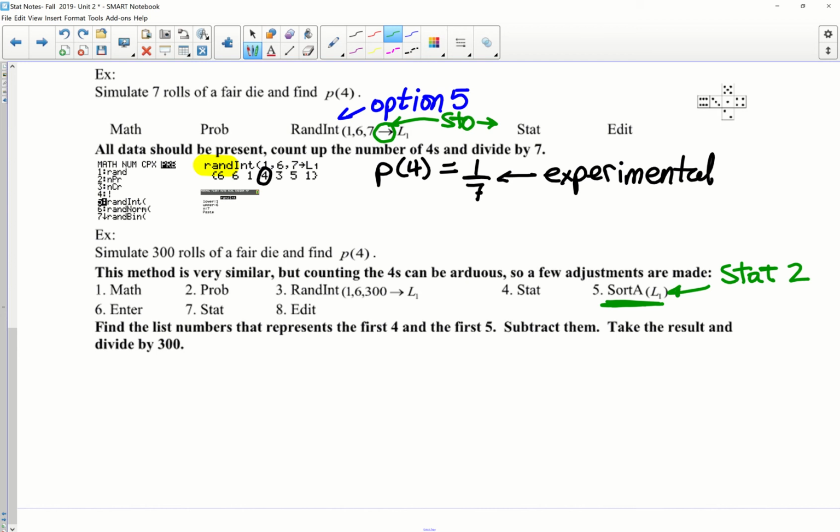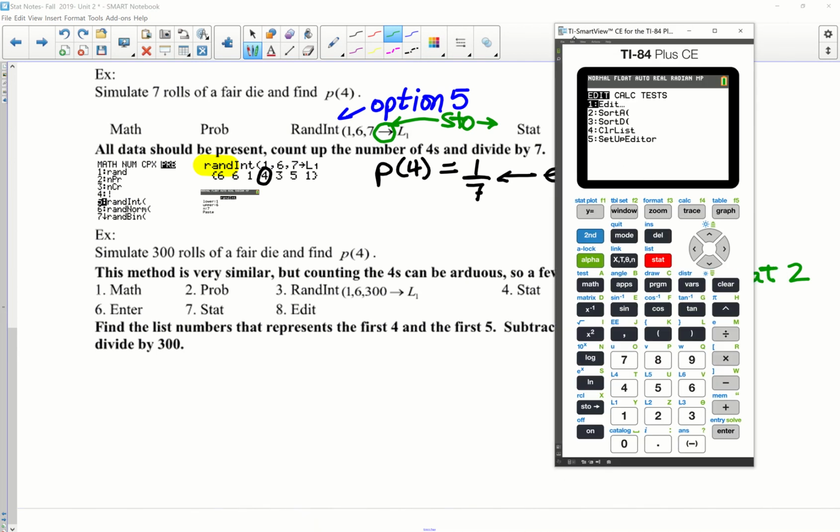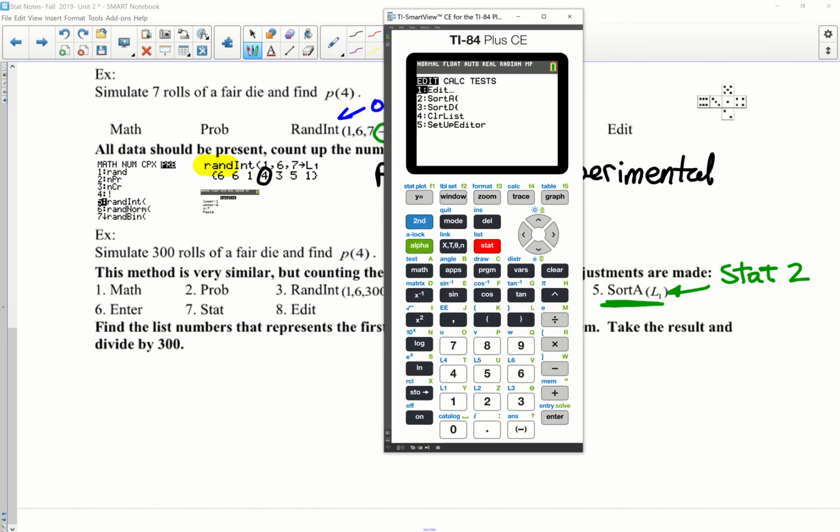All right, so in your home screen, that's what we're going to put in. We're going to sort ascending, so option 2, and we're going to sort L1, so second one. And after all that, all it's going to do is say done. You'd be like, done with what? So sort ascending L1, and then it says done.